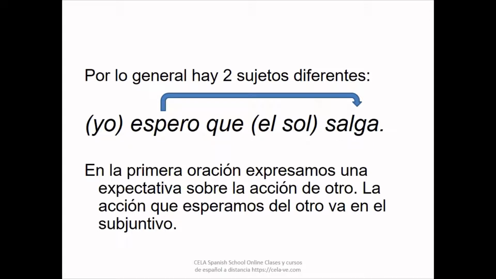What I want someone or something to do, the action I expect from another, is what will be in the subjuntivo in Spanish. That is why the imperative and the subjunctive is similar in conjugation.